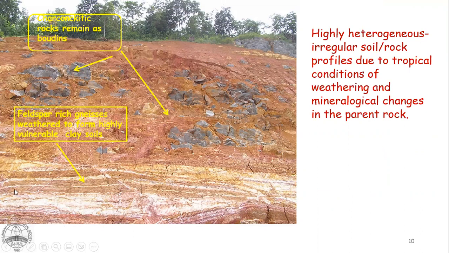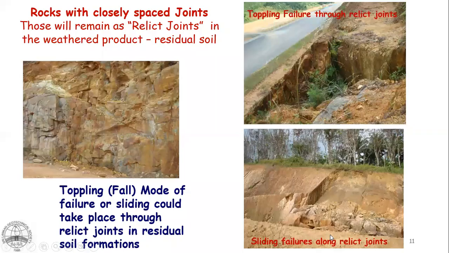And down here, you have a whitish, highly vulnerable clay layer, which is the weathered product of a feldspar gneiss initially. Such highly heterogeneous soil profiles are quite common in Sri Lankan slopes, and these different materials will have contrasting permeabilities and contrasting shear strength characteristics.